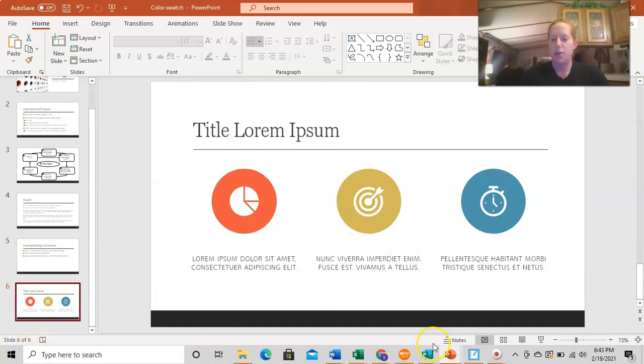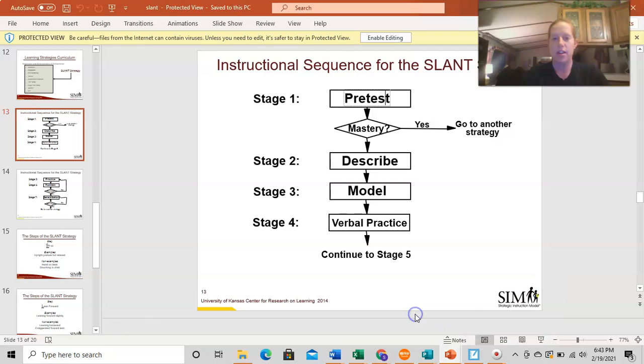One thing I did want to show you on the other PowerPoint about this is the instructional sequence of the SLANT strategy. So there are seven stages. Stage 1 is the pretest. Did you master that? Yes? Okay, go on to another strategy.